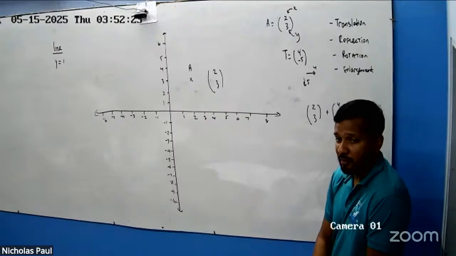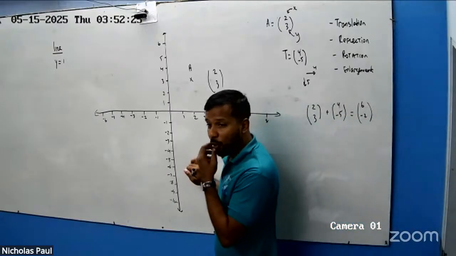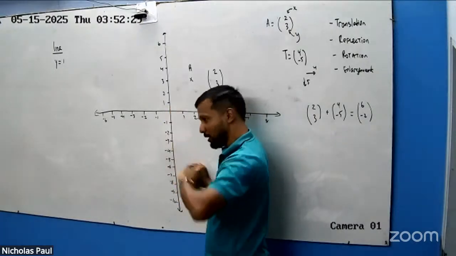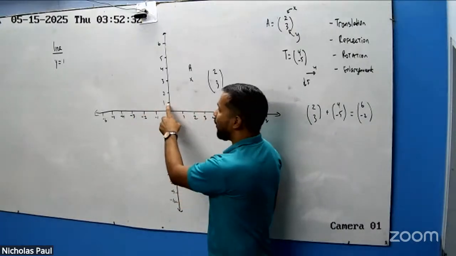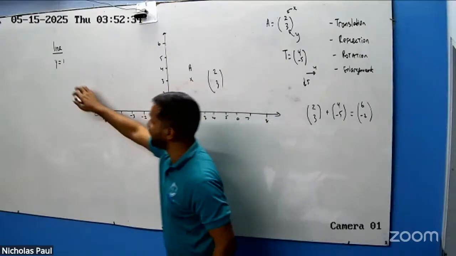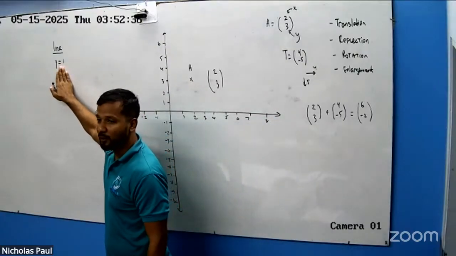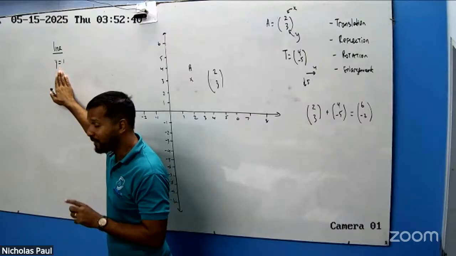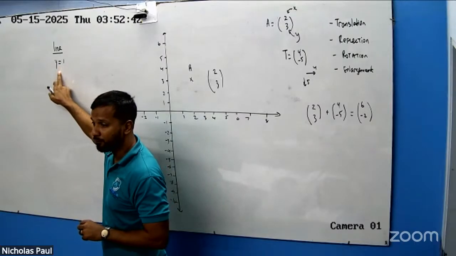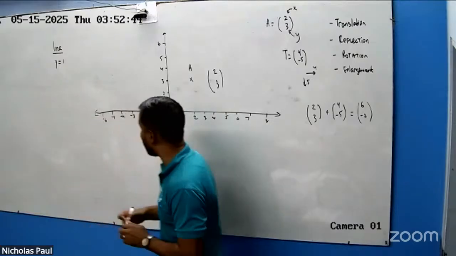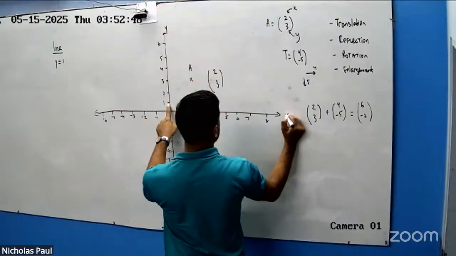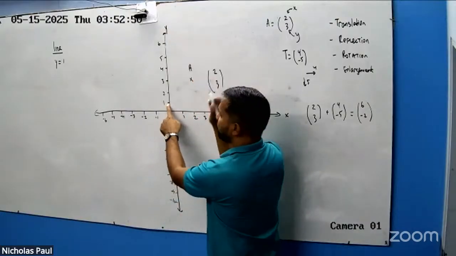Very good. Right? Y equal to 1. No, Joshua. Y equal to 1 doesn't go like that, right? Y equal to 1 means that every single point on that line, y must be 1. Okay? And the only line that will do that is a line that goes through y is 1.